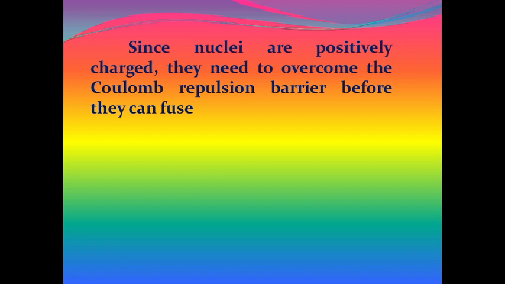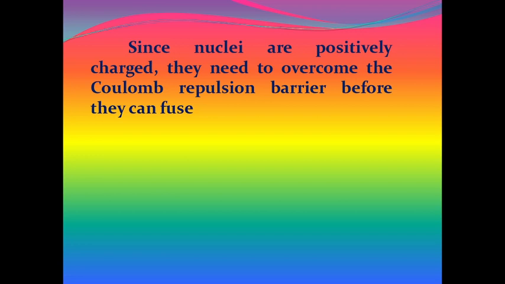If these lighter nuclei fuse, they have similar charge, so they must overcome repulsion. If two like charges are there, they will repel each other. That Coulomb repulsion they have to overcome if they fuse together in the nuclear fusion process.